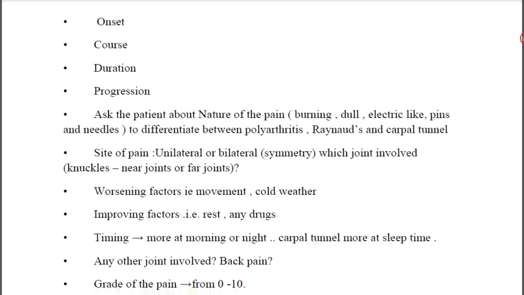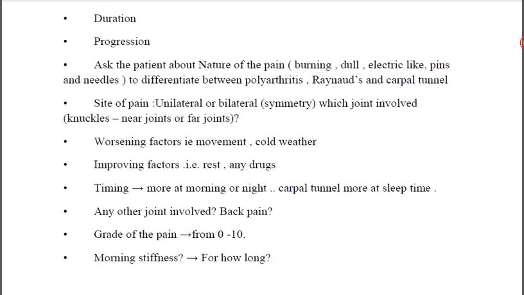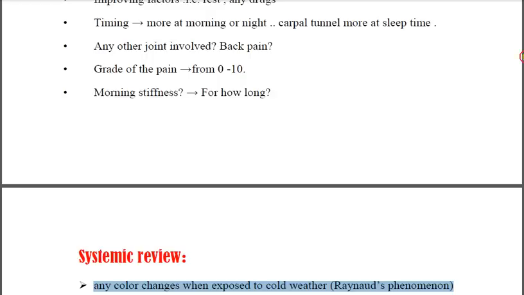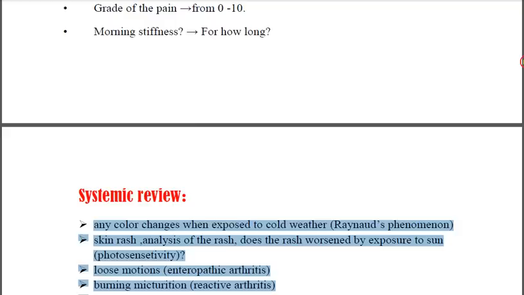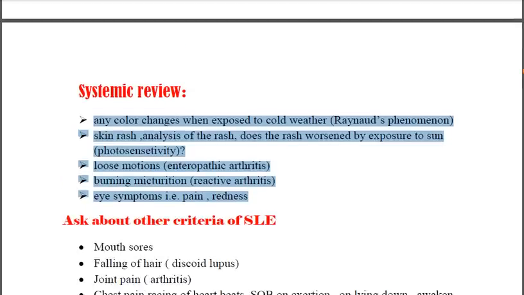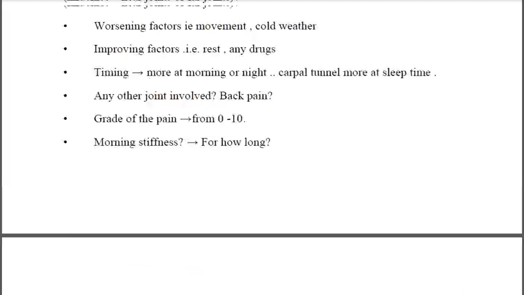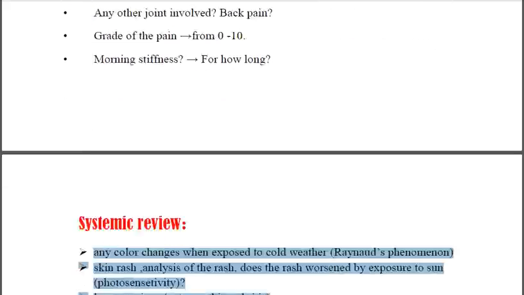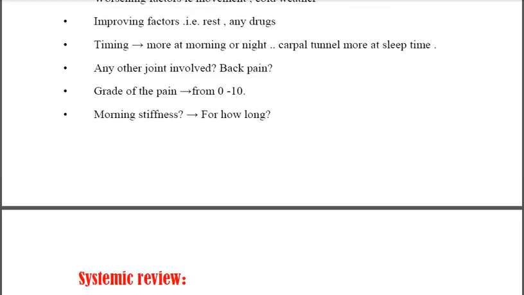Then after this skin rash, I have to ask about any systemic review. You will find that this patient also has joint pain, as in SLE, and then do analysis also for the joint pain in this manner, like we discussed before.